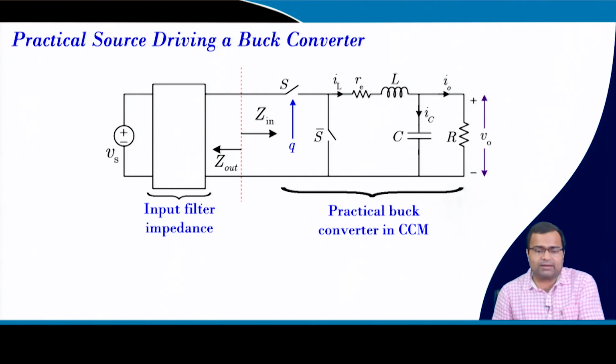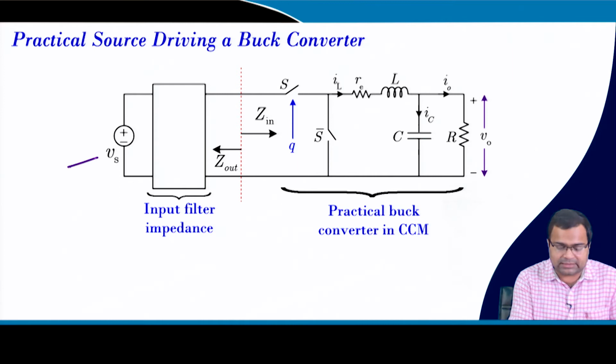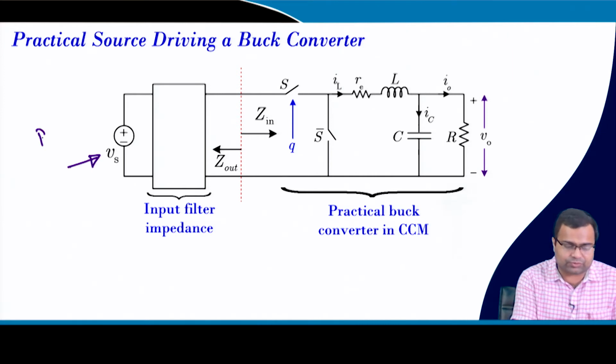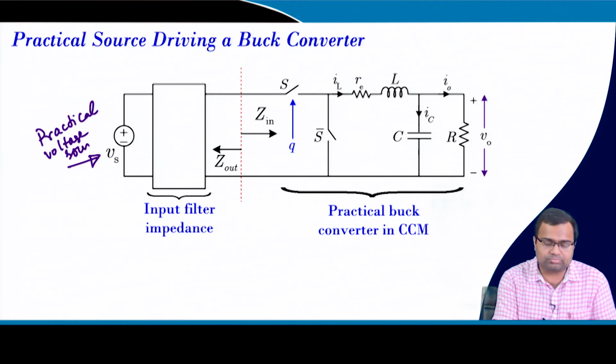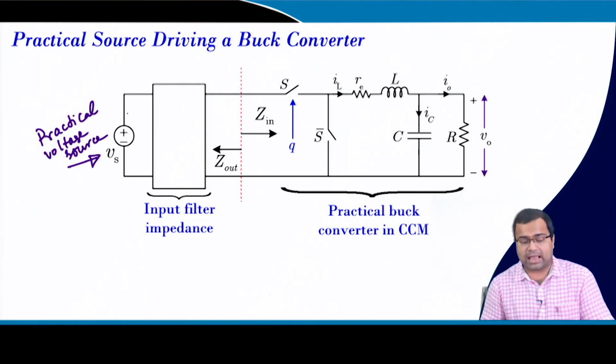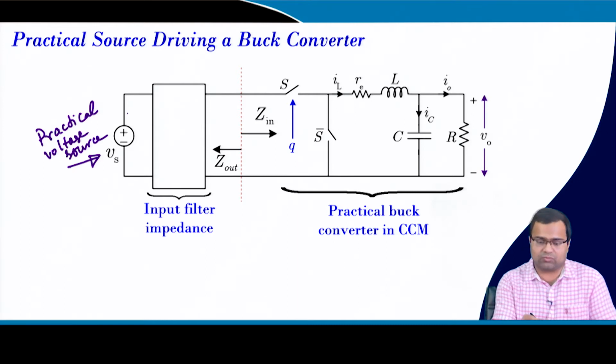So, input filter. Now this is a standard buck converter where this is a practical voltage source that we have already modeled earlier, and in order to avoid the disturbance in the source, we are putting an input filter here.